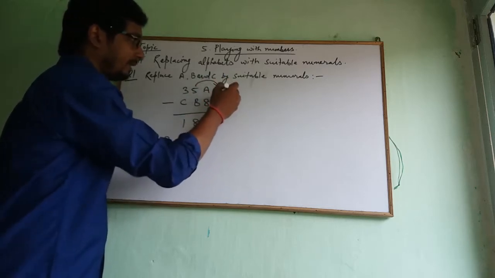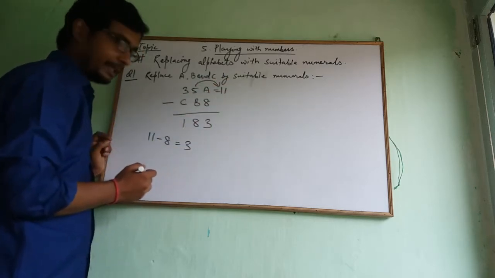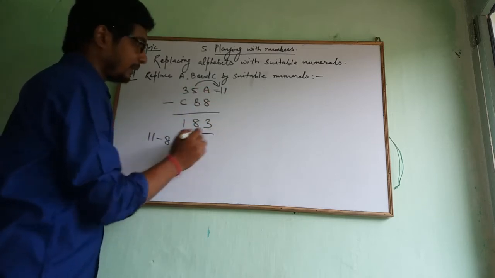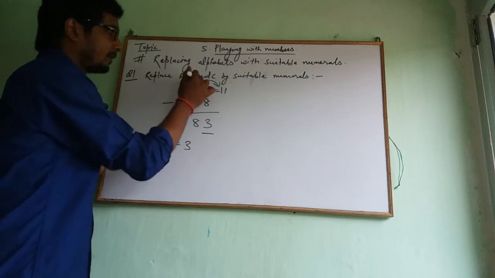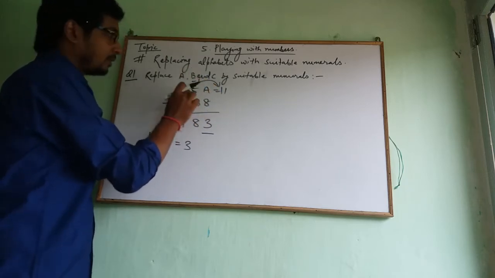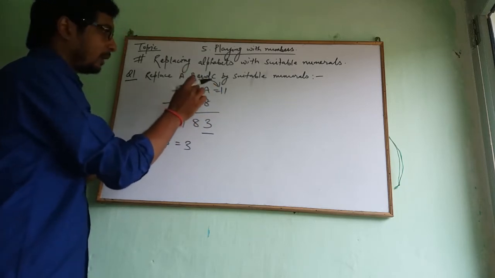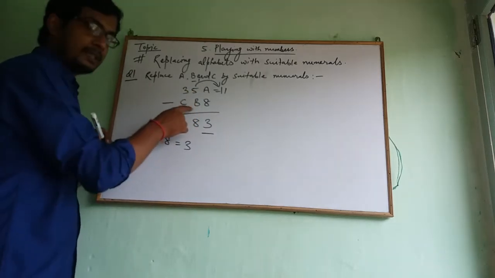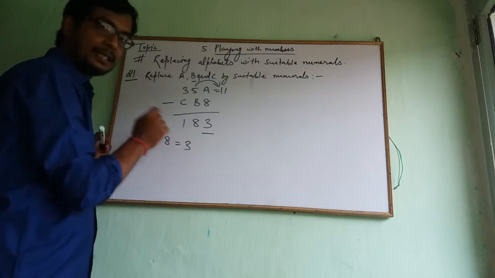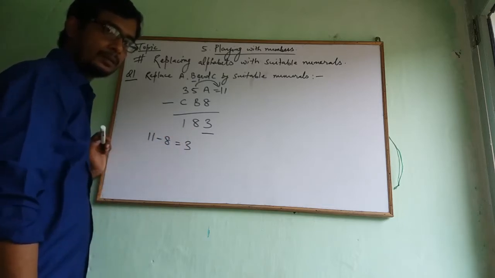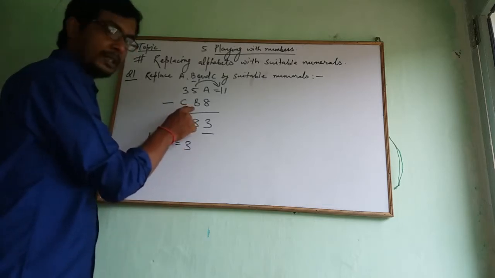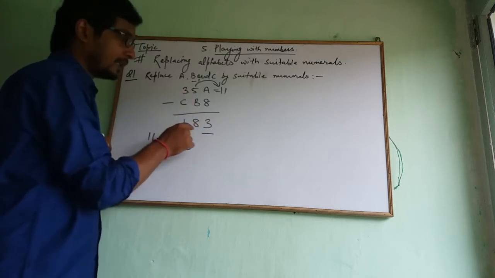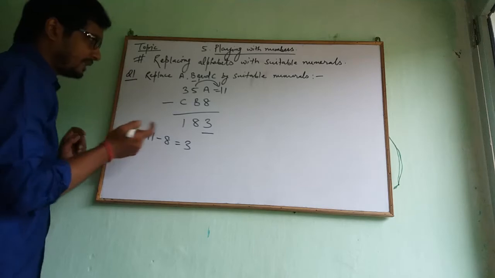So it becomes 11, and 11 minus 8 becomes 3. Now since I have carried forward 1 here, it becomes 4. Now what value of B must be subtracted from 4 so that the answer becomes 8? So let's see.